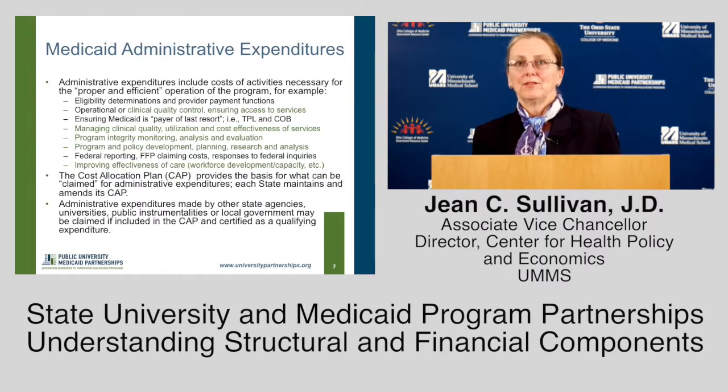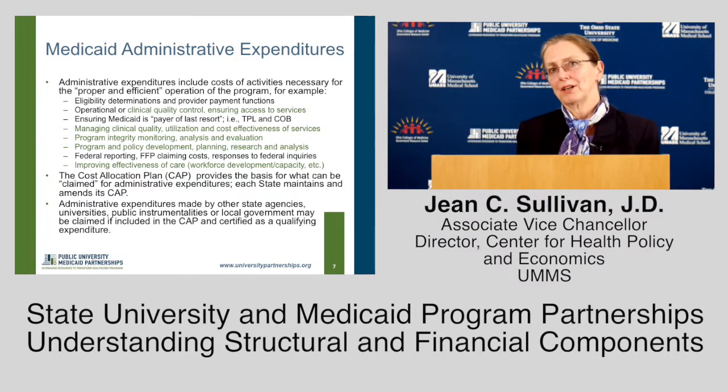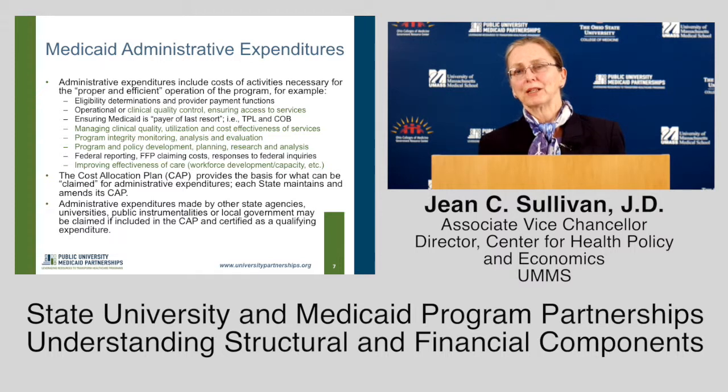I'd like to talk now a little bit about some examples of what we mean by the administrative activities necessary to administer a Medicaid program, and they are quite broad. I've highlighted here in a different color the ones where universities have a lot to offer and can engage with agencies to provide their expertise. So obviously it's a medical assistance public program, and eligibility determinations drive it.